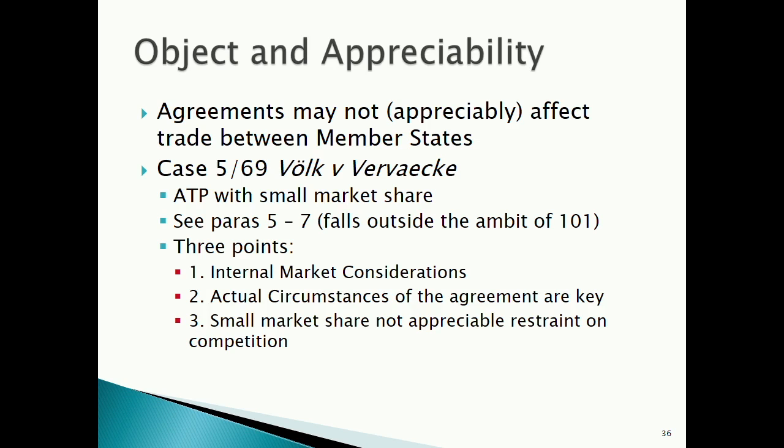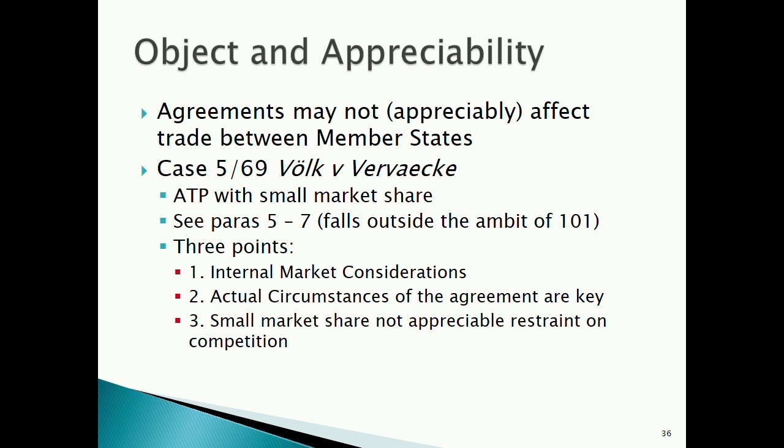So even though there are internal market considerations of territorial protection, the actual circumstances of the agreement, what I'm trying to do, is introduce a new product and need some protection so that I'm assured that the investment I make is somehow protected. And it's a small market share, for an introductory period. If my market share increases, then I can't do this.